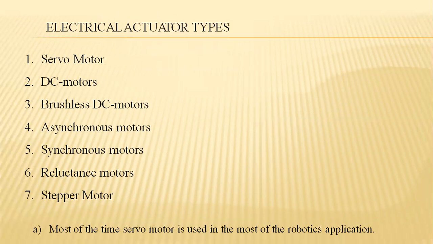Then DC motors, brushless DC motors, asynchronous motors, synchronous motors, reluctance motors, stepper motors. Most probably the initial type of motors, that is servo motors, plays a major role for processing the different kinds of robotics applications.